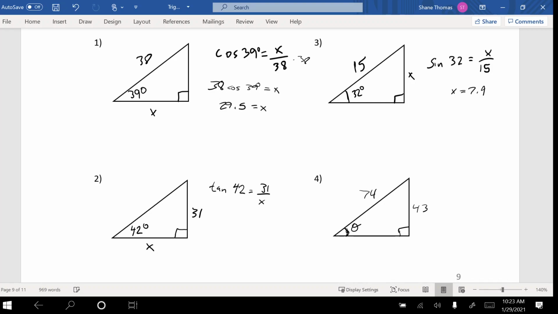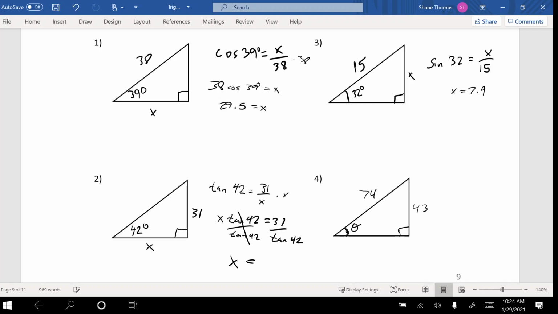X. Okay, so now it's a little different because in the other ones my x's were on top, right? We still have to solve for x, so we have to get it out of the bottom. Let's multiply both sides by x. So I have x times the tangent of 42 is equal to 31. Still good? To get x by itself, let's divide both sides by the tangent of 42.